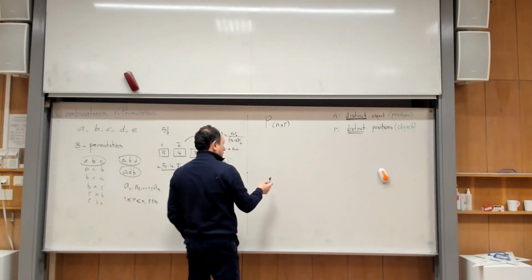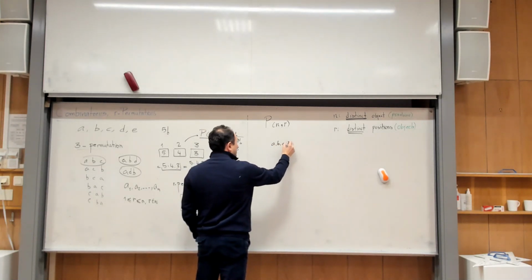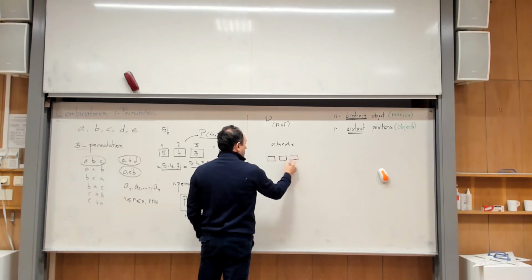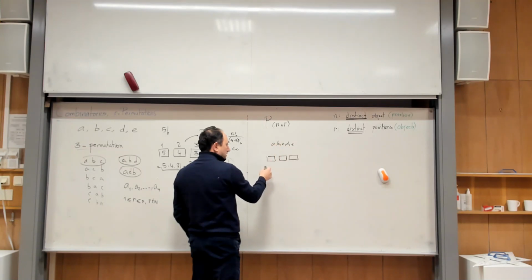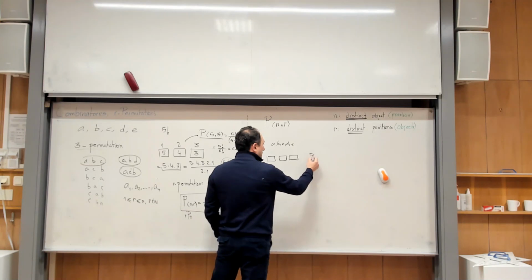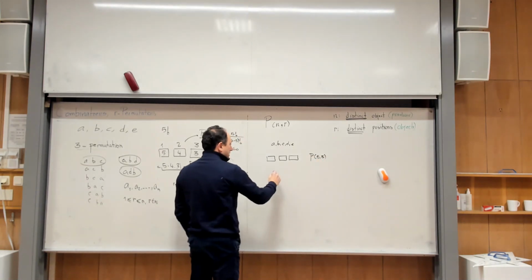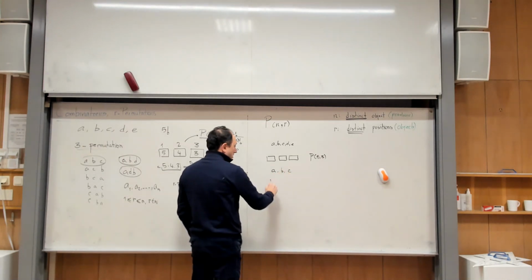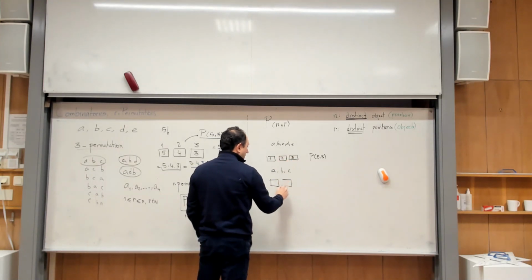Let me just tell you. For example, assume that I have 5 letters, and then I have only 3 boxes. So it means that I have to choose 3 of them and arrange them in these positions. The answer to this is P(5, 3). But now consider I have only 3 letters, but I have 5 boxes.